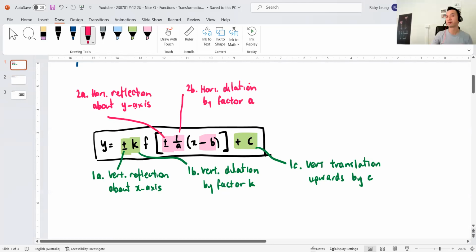So if that was like y equals (5x) all cubed or something, horizontally dilated by 1 on 5. Whatever that number is, reciprocate it, and that's your factor. The last one there, 2C, horizontal translation.